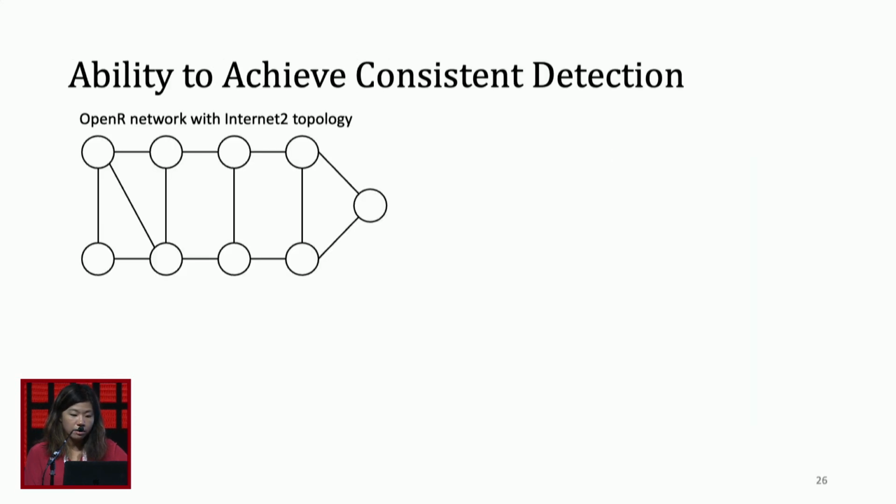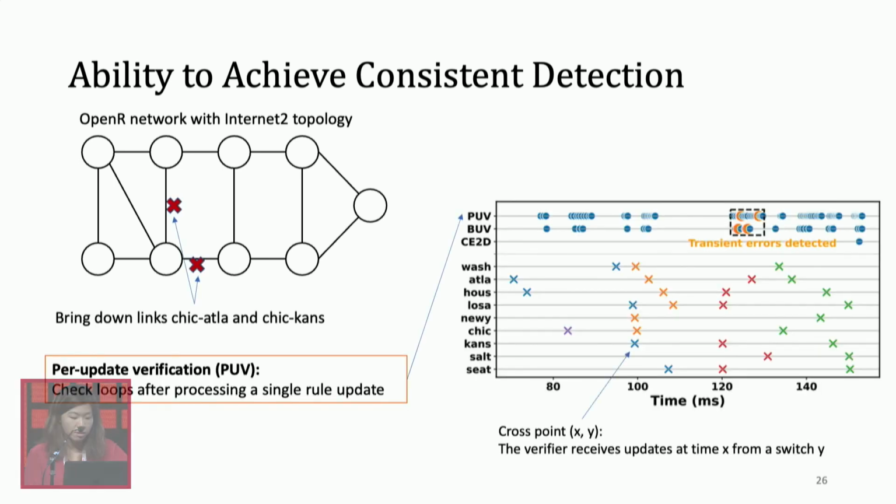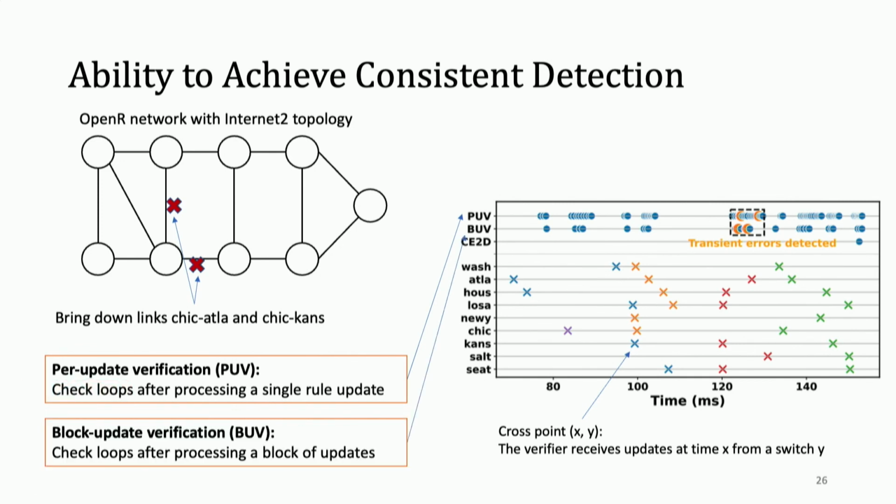We also test the ability to do consistent detection. Here we compare with 2 mechanisms, one based on a single update and one based on a block of updates. You can see that the 2 previous methods will still report transient errors, whereas our method is pretty consistent and reports significantly fewer errors.